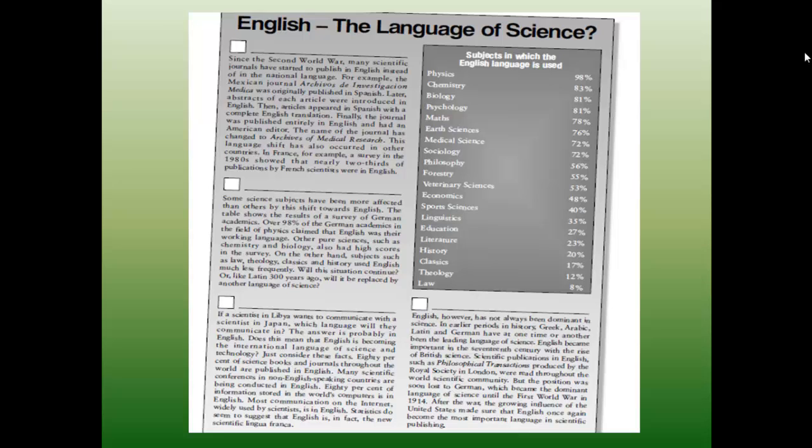The table shows the result of a survey of German academics. Over 98% of the German academics in the field of physics claimed that English was their working language. Other pure sciences such as chemistry and biology also had high scores in the survey. On the other hand, subjects such as law, theology, classics, and history used English much less frequently.